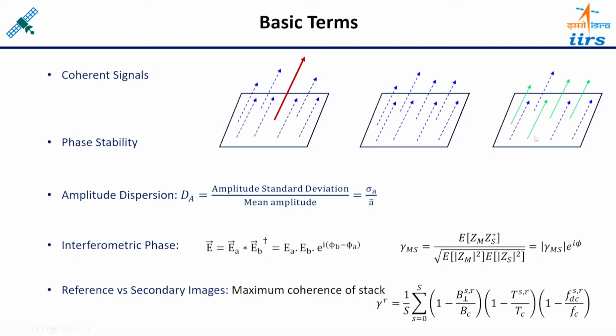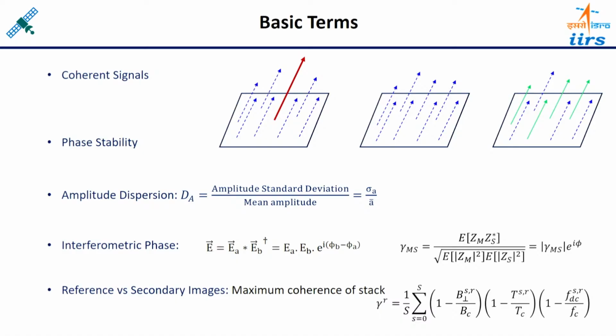So in the same way you can assume the other types of the resolution cell where you are getting a moderate level of coherence. So those resolution cells or the pixels are also called the distributed scatterers. And the other type of the resolution cell you can also assume where you are not getting very high coherence level or moderate scale coherence, but you are getting very low coherence level over those resolution cells.